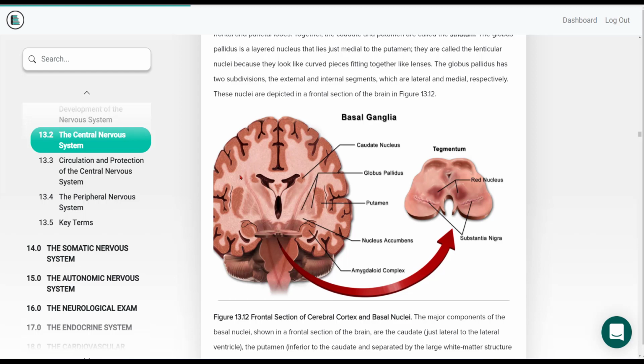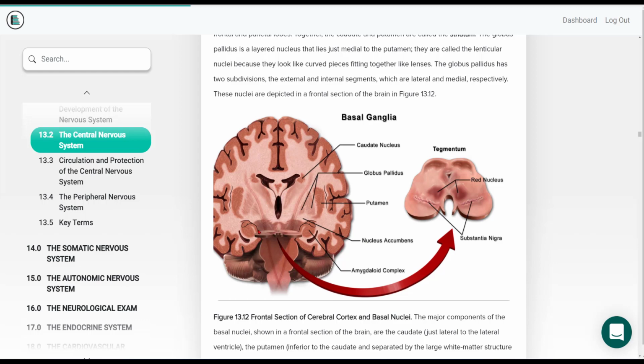What cells are making the myelin that protects the axons inside the brain? And I hope you said oligodendrocytes. Remember, the oligodendrocytes make the myelin in the CNS, whereas the Schwann cells make the myelin in the PNS. Since we're in the brain, we are in the CNS.